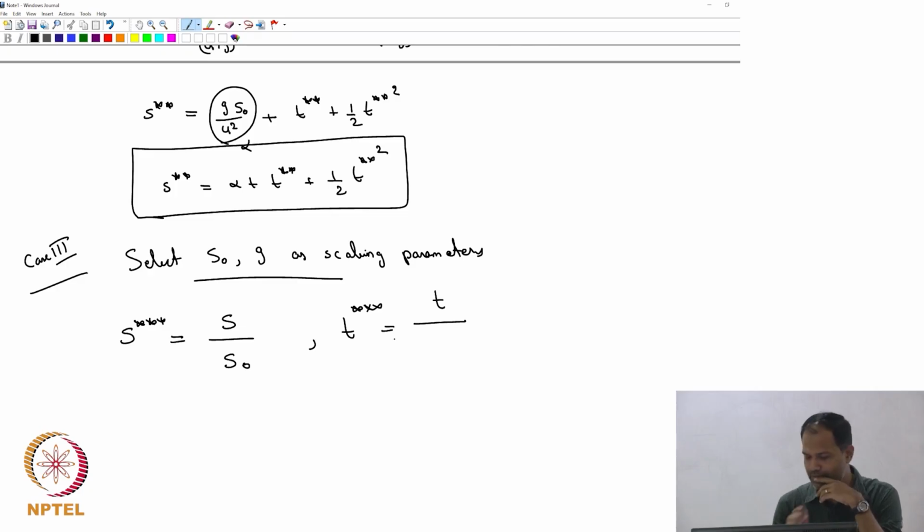What time scale would I choose to non-dimensionalize? So I am using S0 and G to scale.